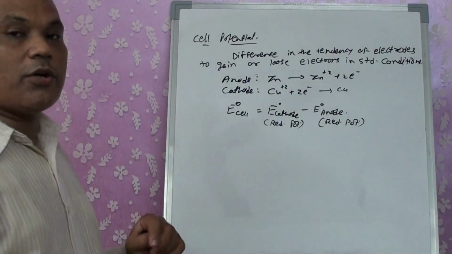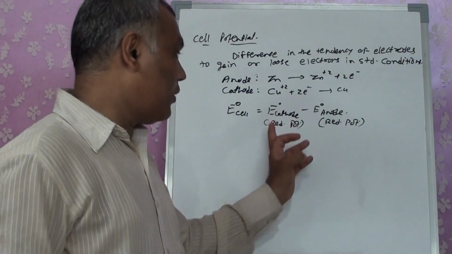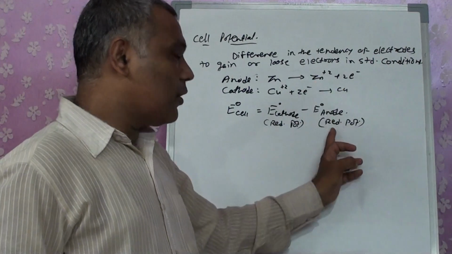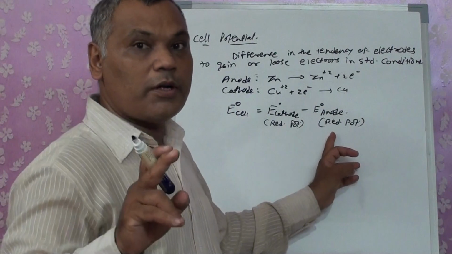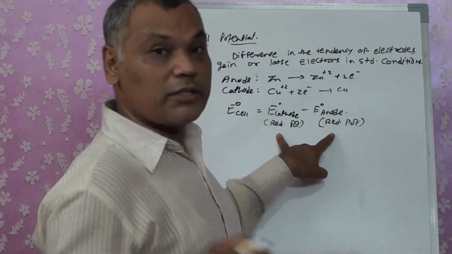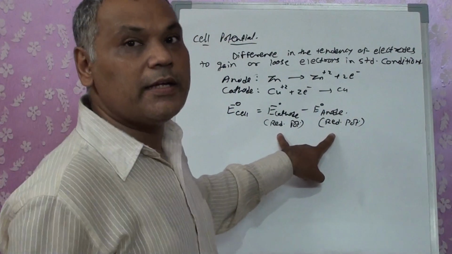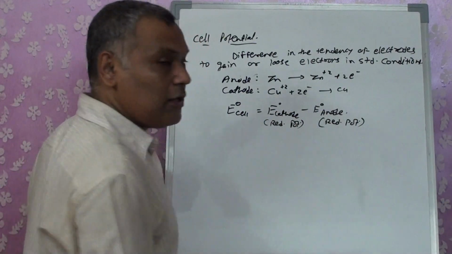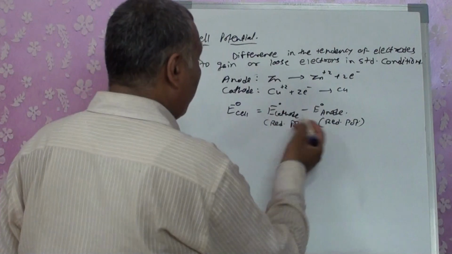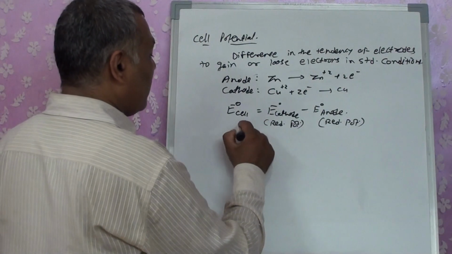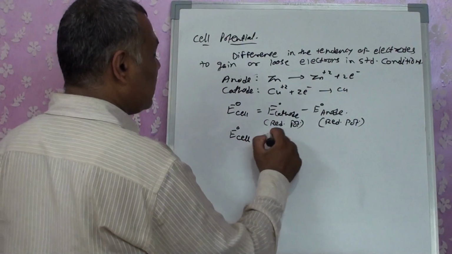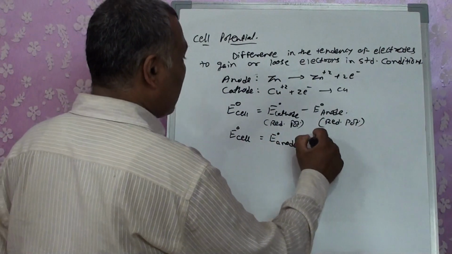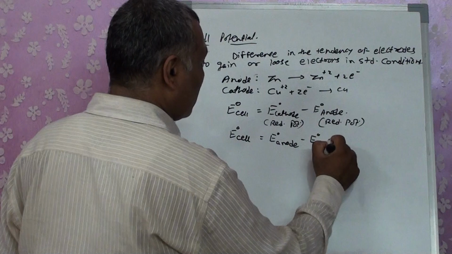Though both the reactions are going, one is going for cathode here, copper, that is reduction, and anode, that is oxidation, but I am not writing the oxidation, I am writing the potentials of both as reduction. So E of cathode minus E of anode. In some books it will be indicated as E cell is equal to E naught of anode minus E naught of cathode.